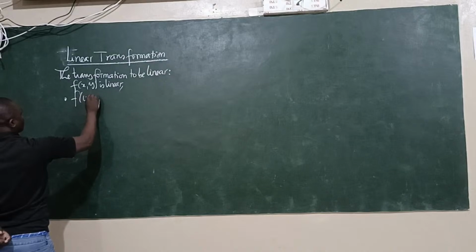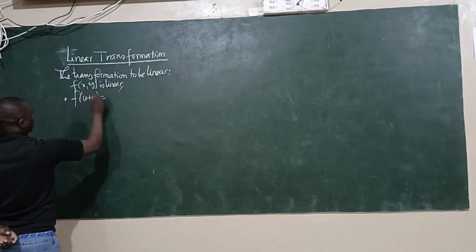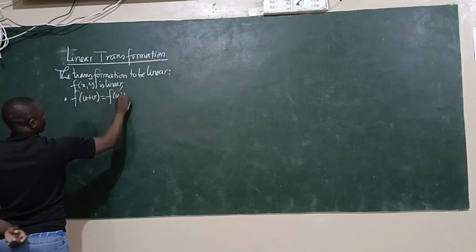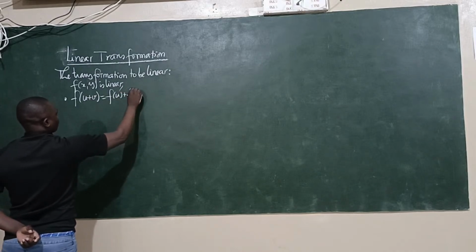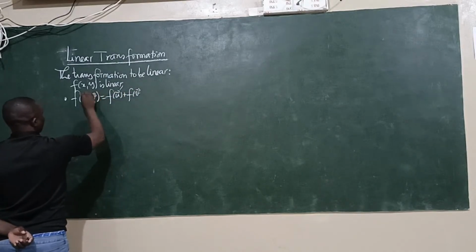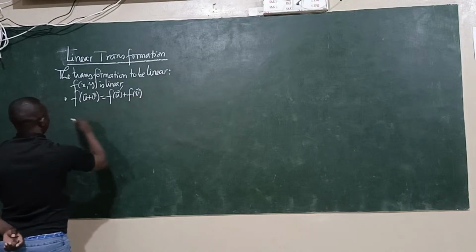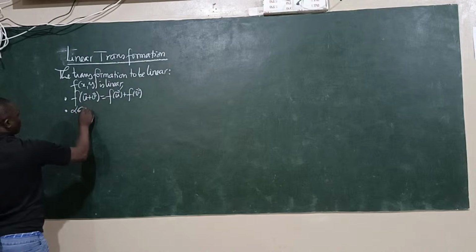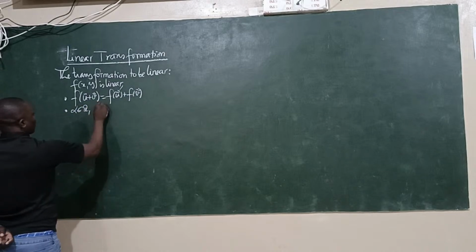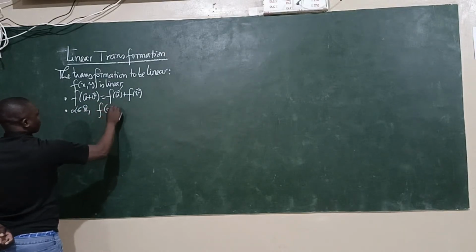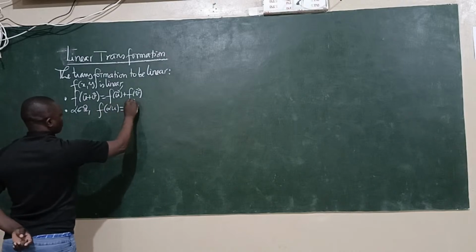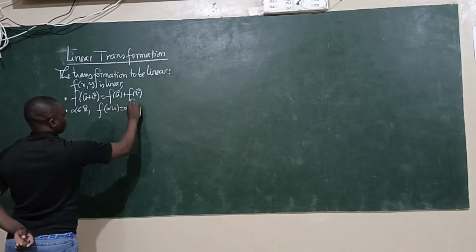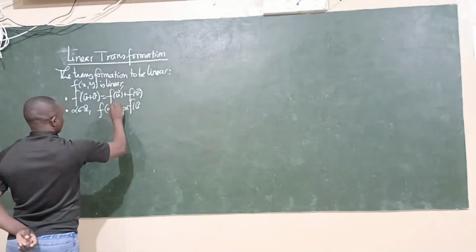F of u plus v must be equal to f of u plus f of v. Here, both u and v are vectors. Another property, for alpha a real number: f of alpha u must be equal to alpha times f of u.